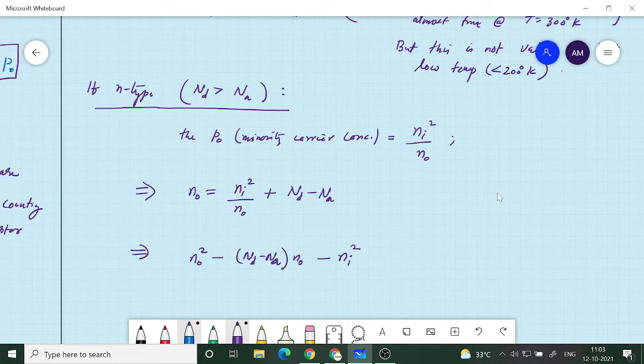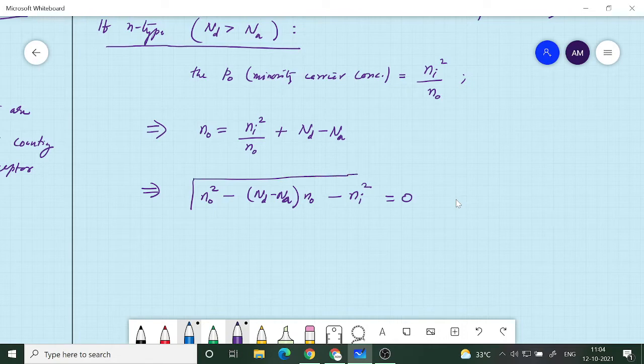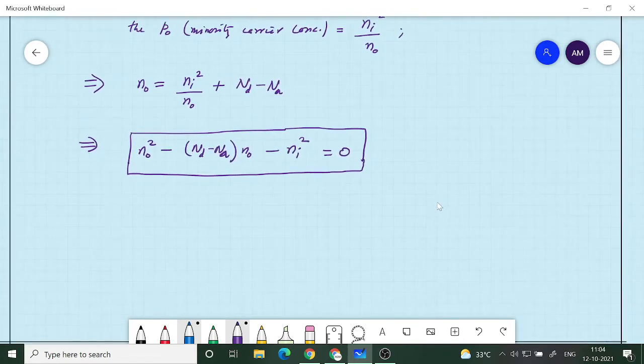I multiplied by N0 everywhere and brought all the terms to the left hand side, and this is now equal to 0. This is the quadratic equation I need to solve to find the majority carrier. N0 is the majority carrier, so our quadratic expression is in terms of the majority carrier. Once I get the majority carrier, I can substitute into Ni square by N0 and get the minority carrier. So this is the procedure.